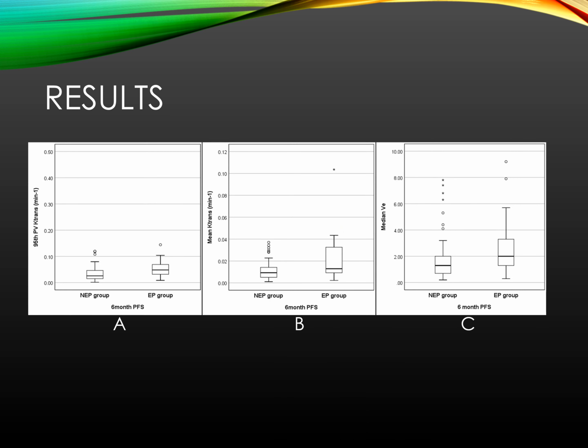These box-and-whisker plots show the statistically significant different values of permeability parameters between the NEP and EP groups. 95th PV K-trans, mean K-trans, and median VE of the EP group are significantly higher compared with the NEP group.